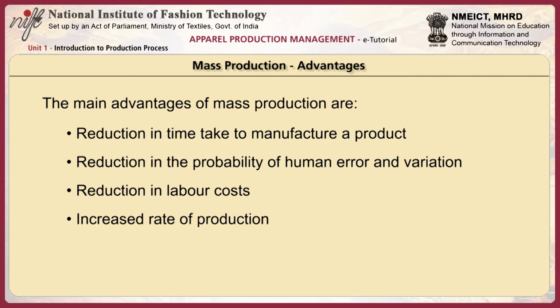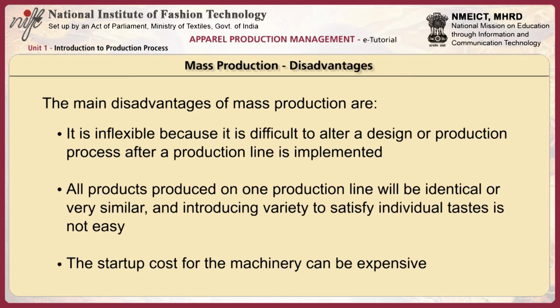While we talk about advantages, we should also be discussing the disadvantages of mass production. Mass production is inflexible because it is difficult to alter a design or production process after a production line is implemented.